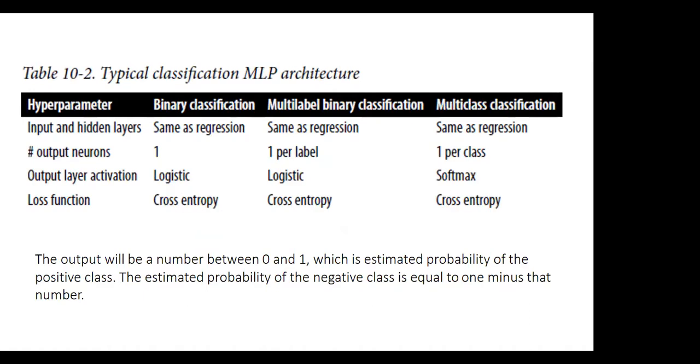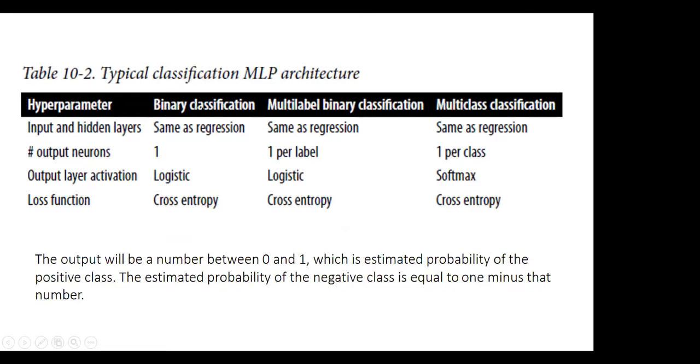Okay, and here is a typical classification MLP architecture, because we also said that we can use MLP architecture for classification. For three kinds of classification: a binary classification, or multi-label binary classification, or multi-class classification.